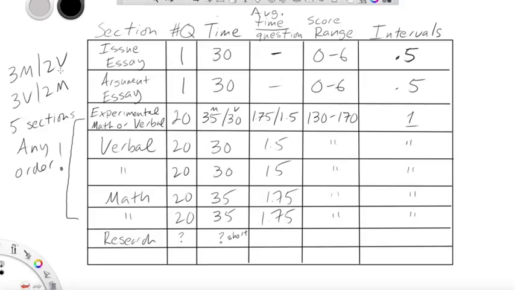So unfortunately, if there's one section that went really poorly, all you can do is cross your fingers and hope that it was the experimental section. It looks like I made an extra row at the bottom, but that's okay. Hopefully this was informative.